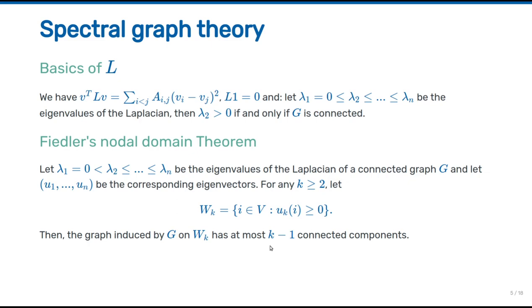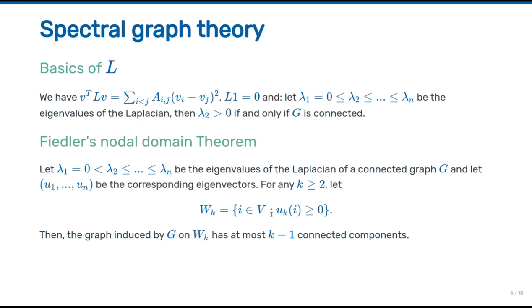Remember that we interpret the eigenvalues of L, the Laplacian, in Fourier terms. Lambda 1, lambda 2, ..., lambda n correspond to the Fourier modes, so the frequencies, and u1, ..., un to the basis of eigenfunctions.